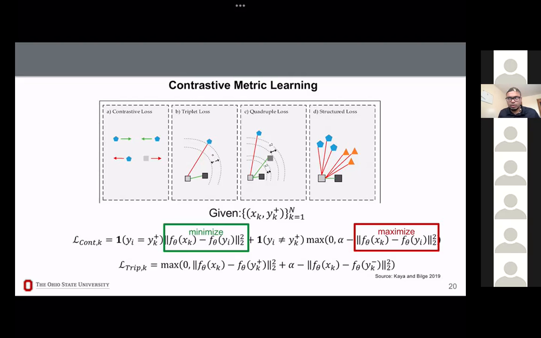When this red term becomes larger than alpha, meaning you open them up too much, then that score still evaluates to 0. Correct, so that's all we wanted. We just wanted to push it till alpha. Beyond that, we don't care.